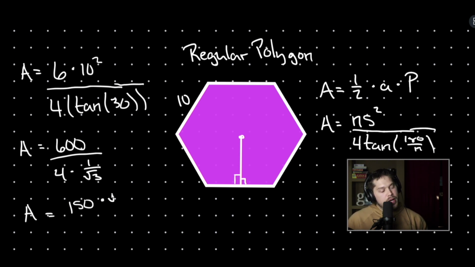So we're going to multiply by the square root of 3 over 1. And of course, this just gives us 150 root 3. And as you can see, this is the same value as we had just a moment ago. So there are your two formulas to find the area of any regular polygon.